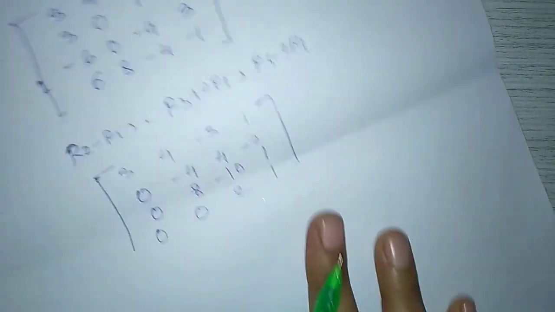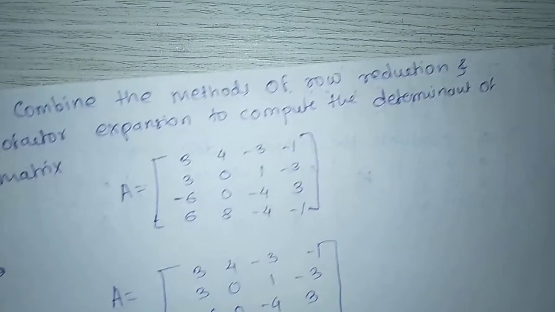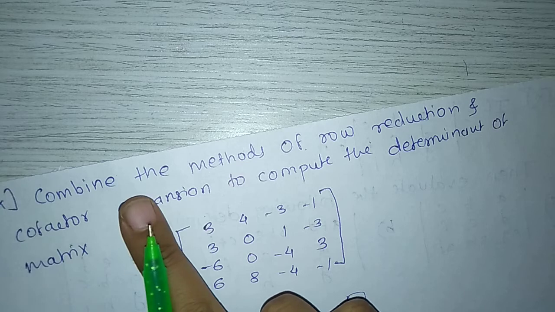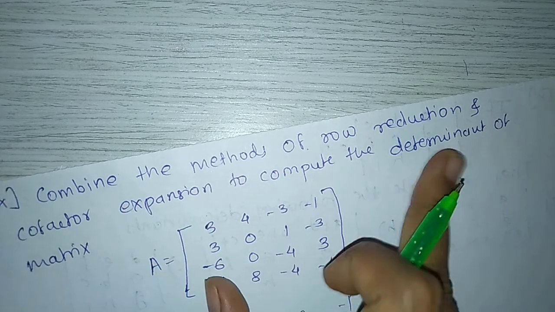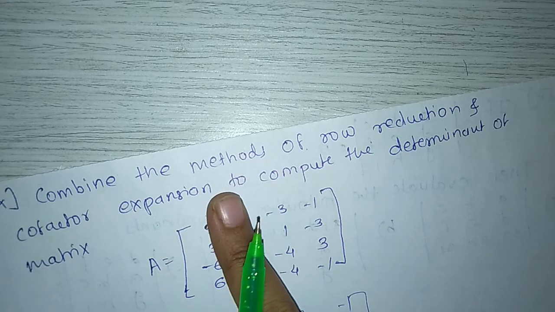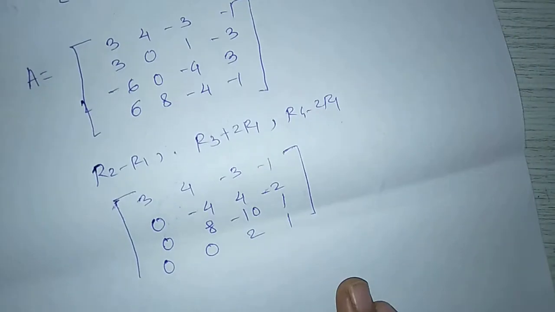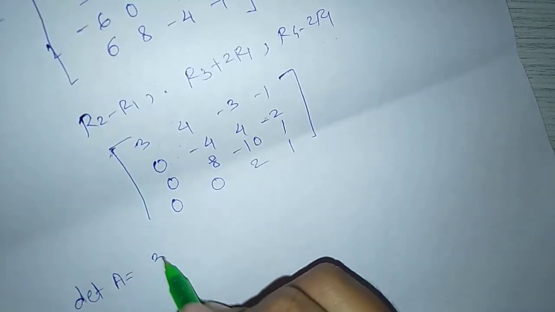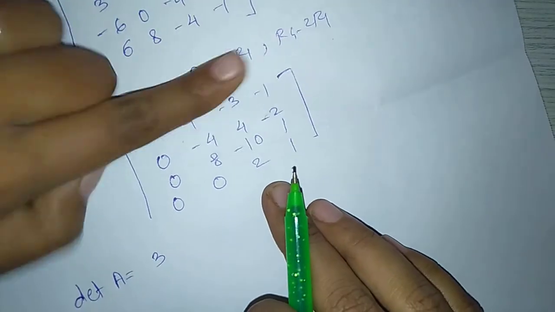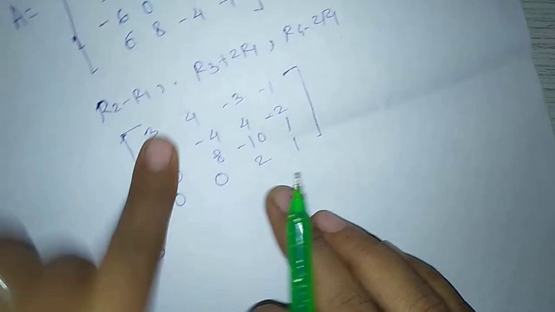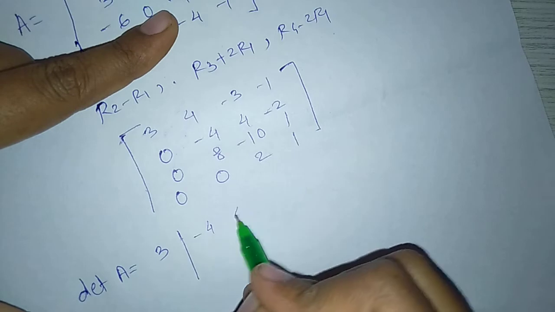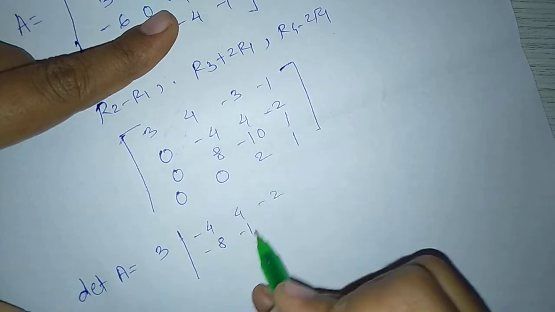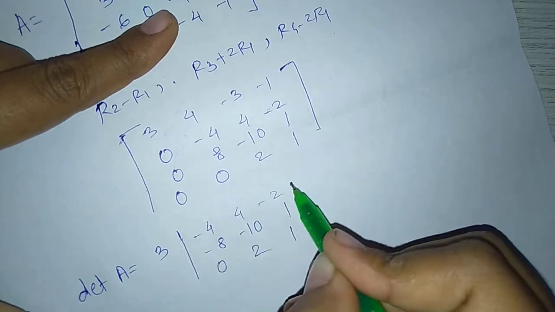So here in the example, we combine the methods of row reduction and cofactor expansion. For cofactor expansion we stop row operation here. Now we use cofactor expansion. So determinant of A equal to 3 into, delete first row and first column, we get minus 4 4 minus 2, 8 minus 10 1, 0 2 1.